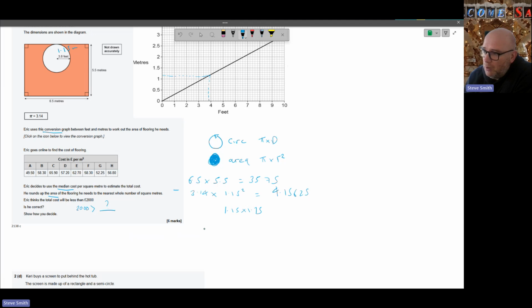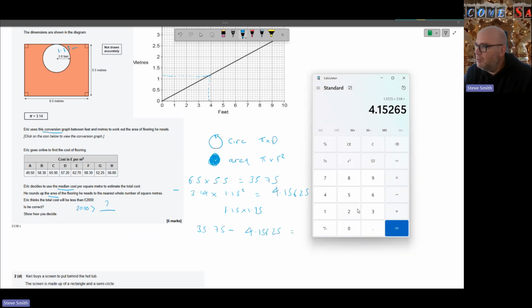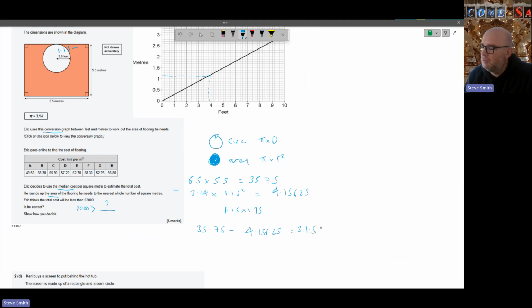So we're going to take away, we're going to go 35.75 minus 4.15625 equals the area we need to cover. 35.75 minus 4.15625 equals 31.593.